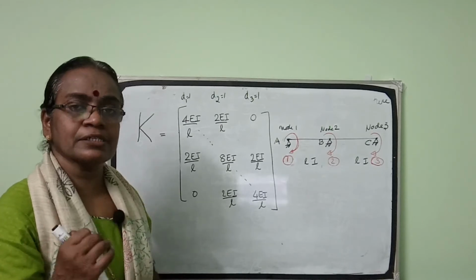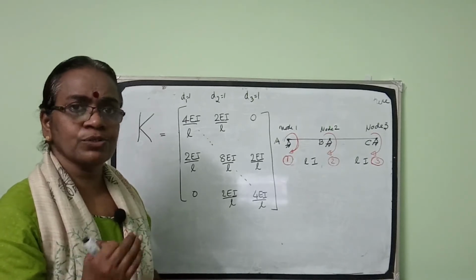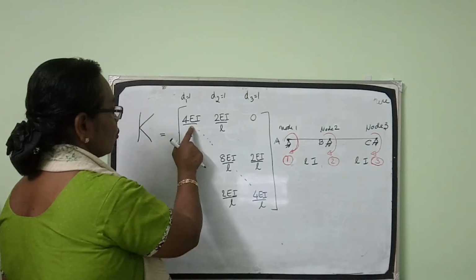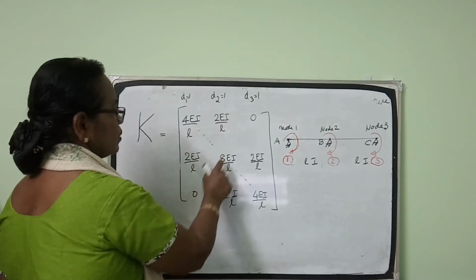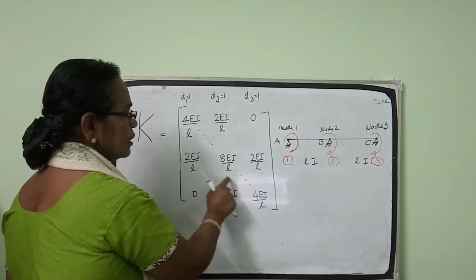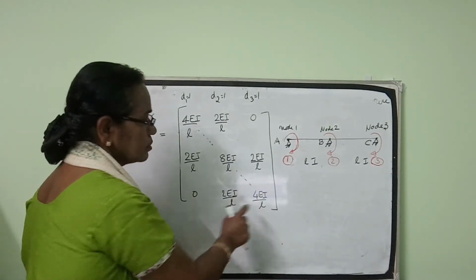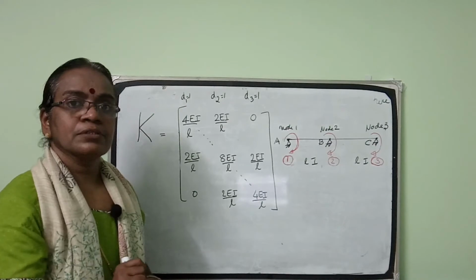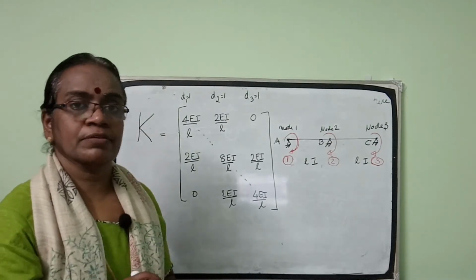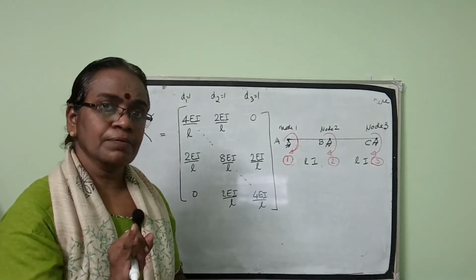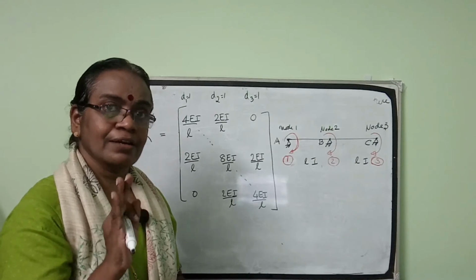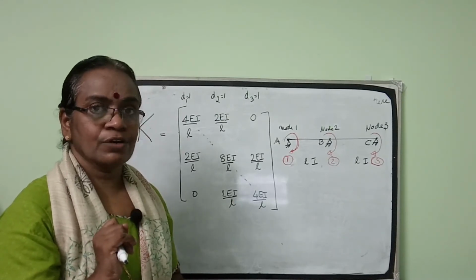That is, the main diagonal terms are larger compared to off diagonal terms. See, 4EI by L, so this term is 2. Here, 2 and 2. The main diagonal is 8EI by L. Here, the main diagonal is 4EI by L. So the stiffness matrix satisfies its properties: symmetric, square, and diagonally dominant matrix.